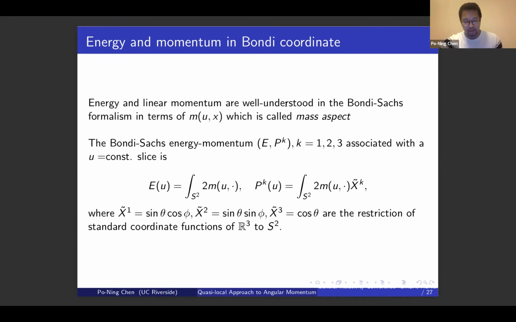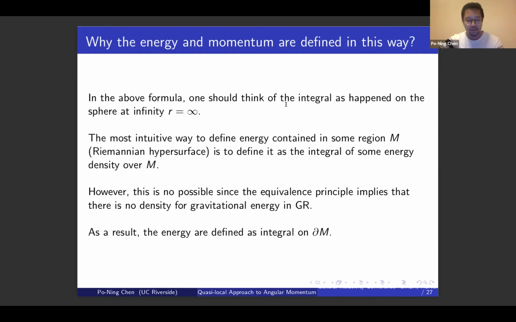Okay. So why this type of expression for conserved quantities? This integral on S² should be thought of as S² sitting at r equals infinity. So you take a cone u equals constant and compute its total energy and total linear momentum by some integral at its boundary, which is at infinity.